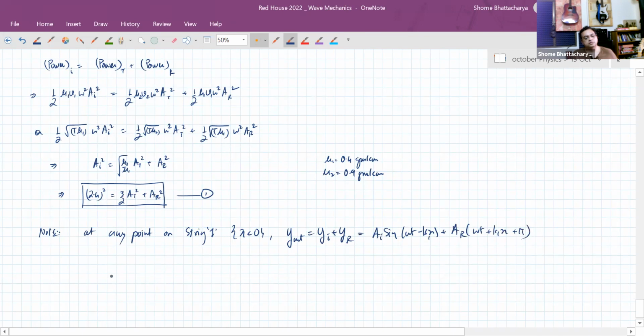And at any point on string 2, the net displacement is the transmitted wave.